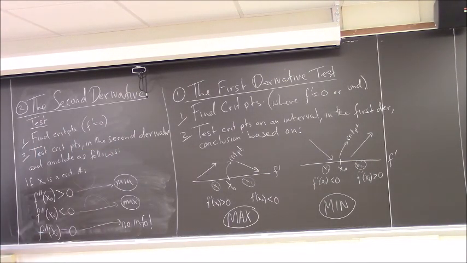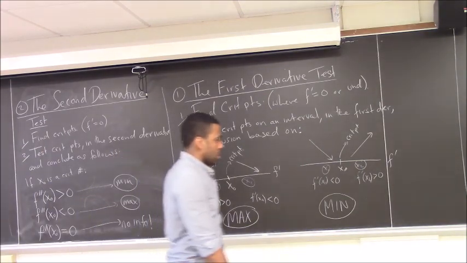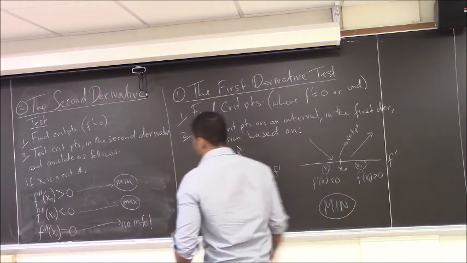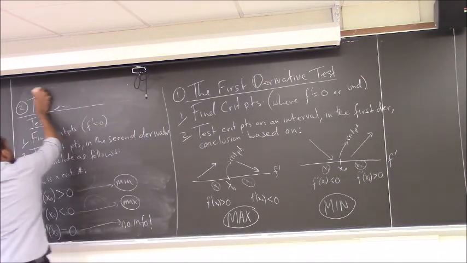Now the examples here we'll use in the next section anyway. We're going to be doing these kinds of things anyway, so I think I'll save the examples for the curve sketching. So we're going to start the curve sketching now. And we're going to do this in the curve sketching examples.